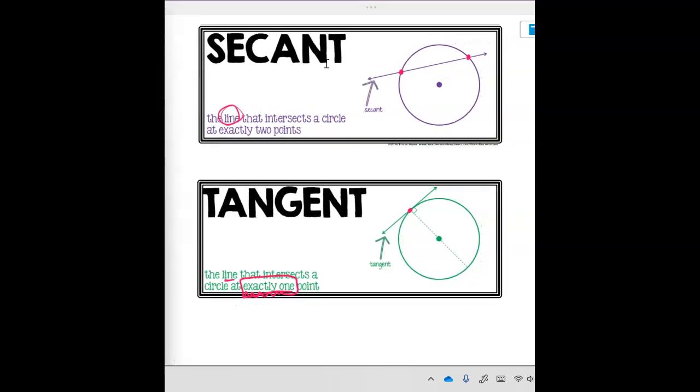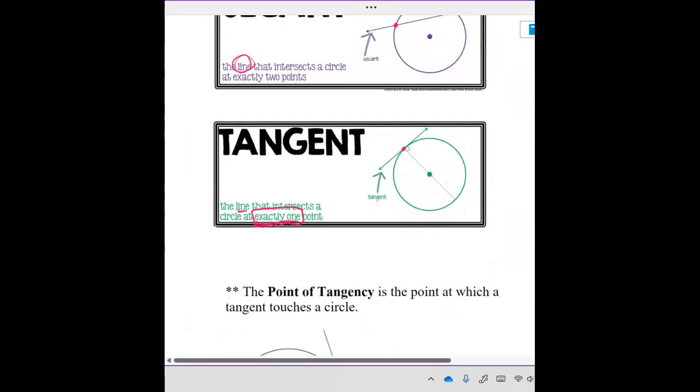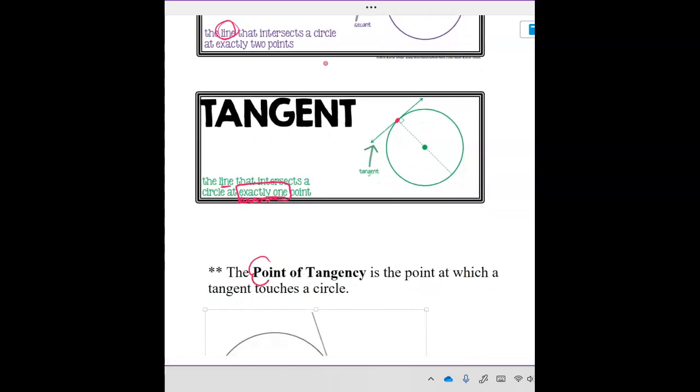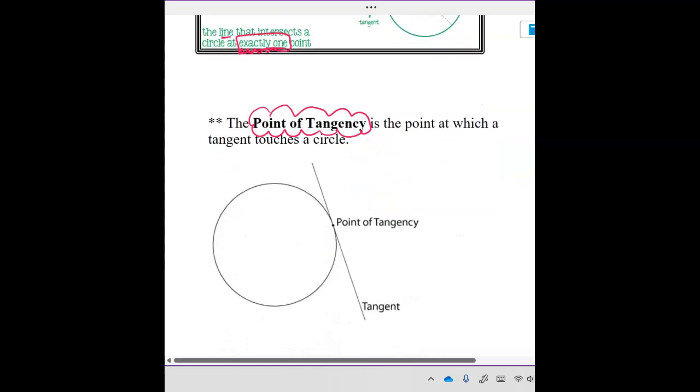The point where the tangent intersects the circle is called the point of tangency. You see this depicted in this diagram below, where we have a circle and a tangent that touches at 1 point, at that point of tangency.